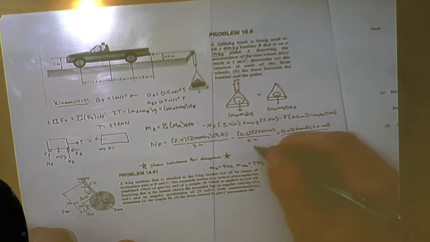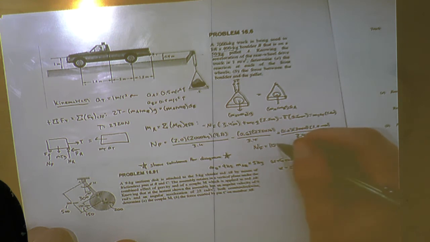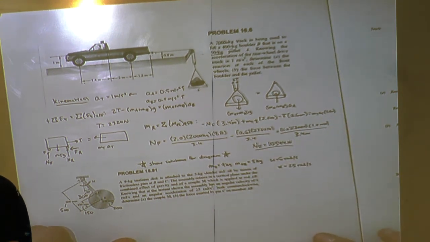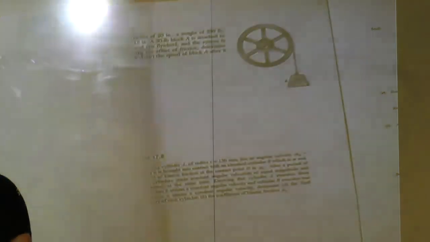And that's going to give us 10,544 newtons for the normal force of the front wheel.